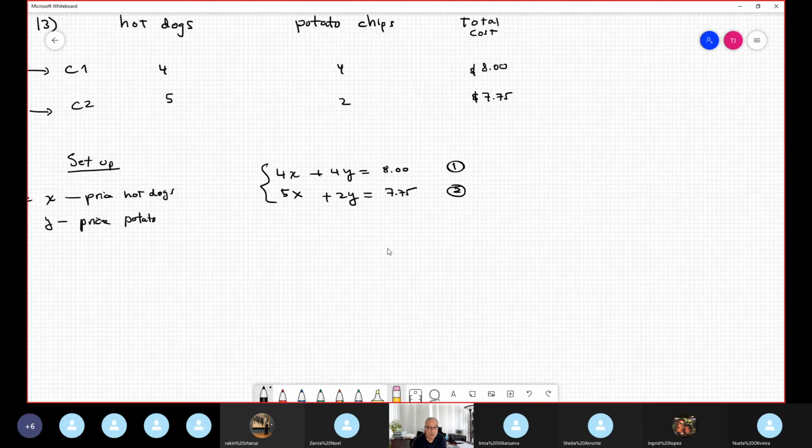I take advantage of, for example, 4 and 2. I propose the following strategy: if you multiply equation number 2 by -2, you get -10x minus 4y, because -2 times +2 is -4.